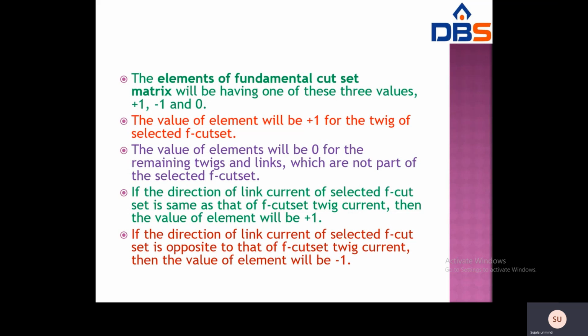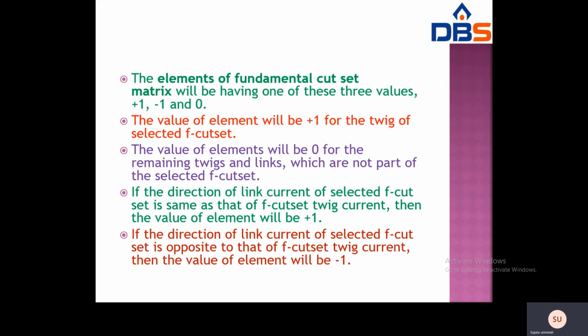Here also, the elements of the fundamental cut set matrix will have one of three values, that is +1, -1 and 0. The value of the element will be +1 for the twig of the selected F cut set. In the tie set matrix, the value will depend on whatever the direction is. The value of the link will be +1.